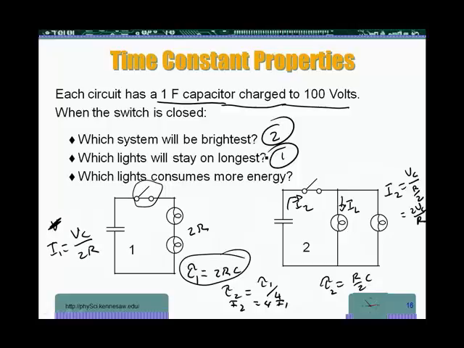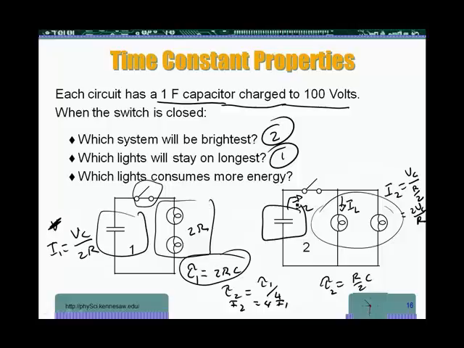The energy is going to come from the capacitor in both cases. These are going to be bright, but for a short time. These are going to be dim, but for a long time. The energy is the same amount of energy from the capacitor in both cases.